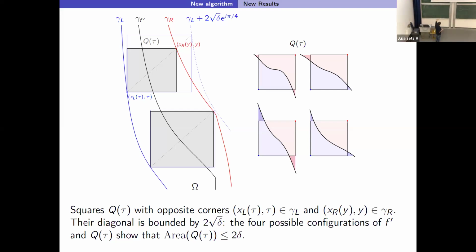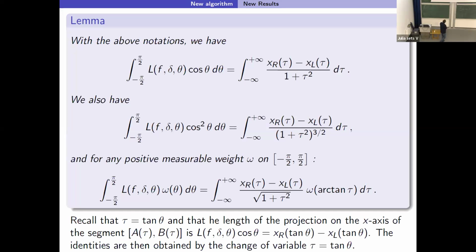Now, this strip is infinite, but when we want to have this integral, so this length of delta, theta goes from minus pi over 2 to pi over 2.